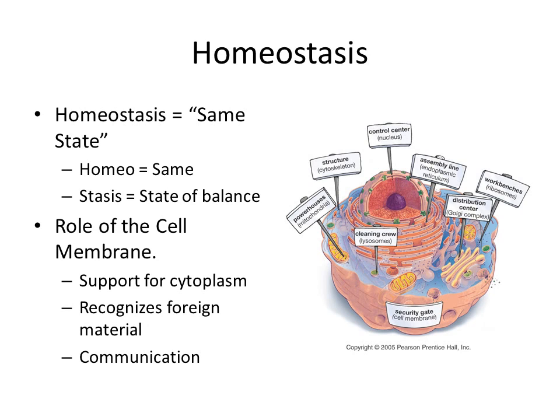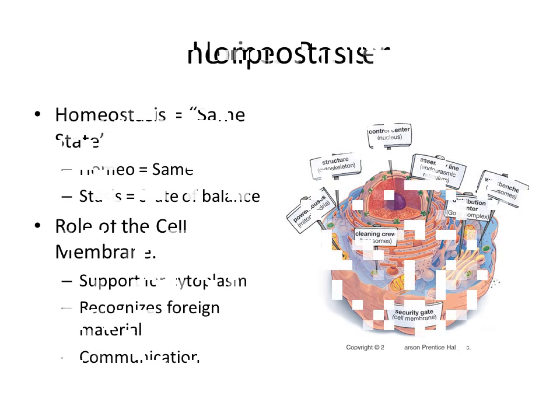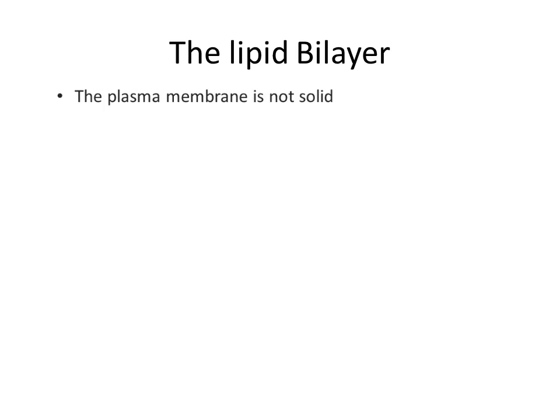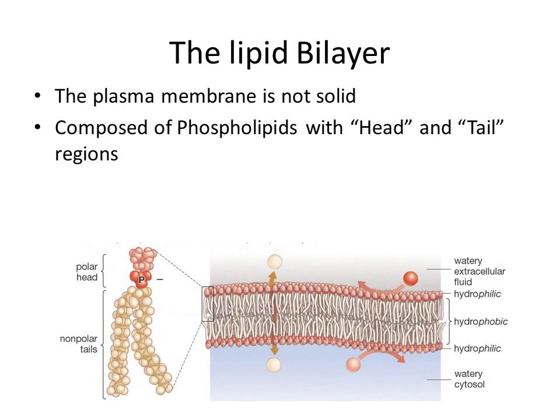In order to really understand how the cell does all this, we have to look closely at its structure. The cell membrane is not solid. It's a lipid bilayer, which means this: the cell membrane is composed of two layers, an outer layer and an inner layer.